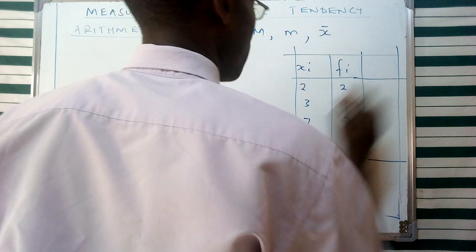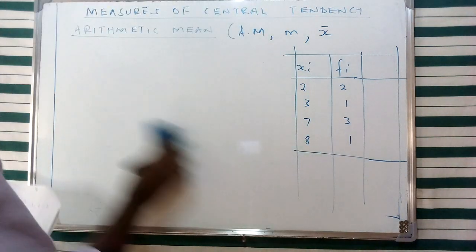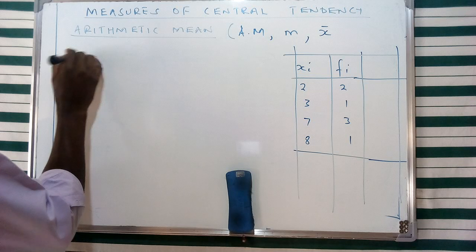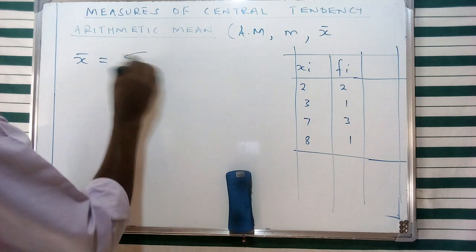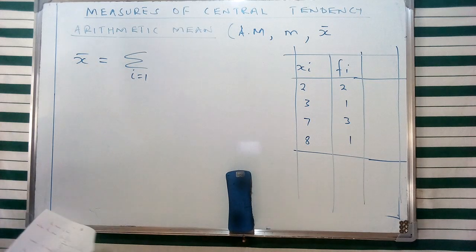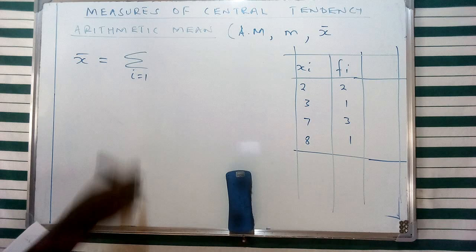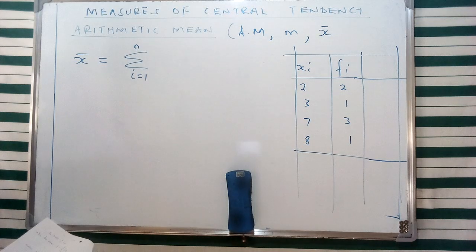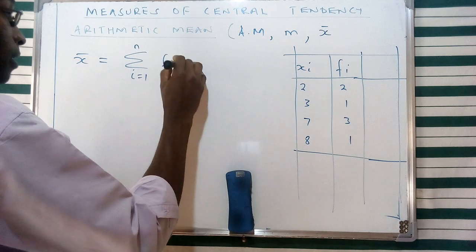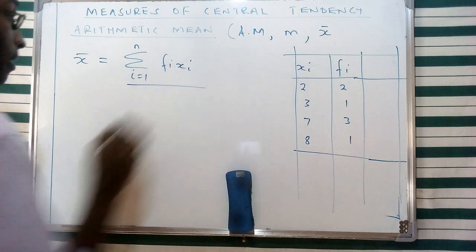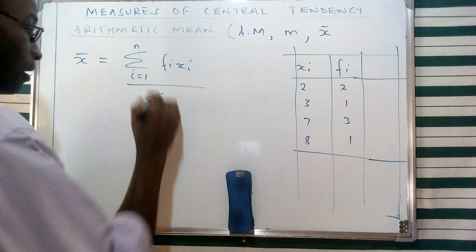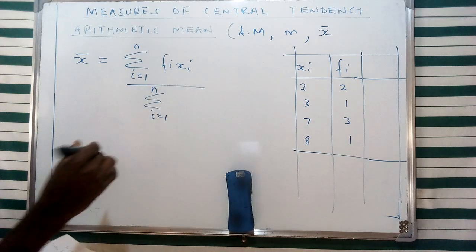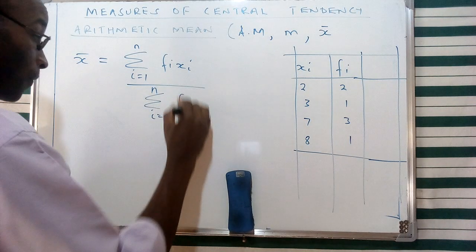Remember, we had said that the formula for finding the arithmetic mean for data having that specific frequency is given in terms of the summation from i equals 1, and that is going to go to n, of the product of frequency and the xi observations, divided by the sum of fi.